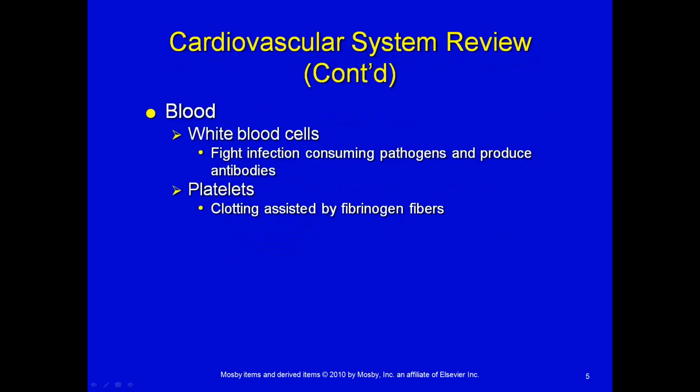Now, most cells are round. Platelets are not round. They have all these little projectiles or little fingers sticking out from them. And when they get together, when they aggregate, they have a tendency to clump up. And then in comes that rich red fibrin weaving through those platelets to help solidify and form a clot.